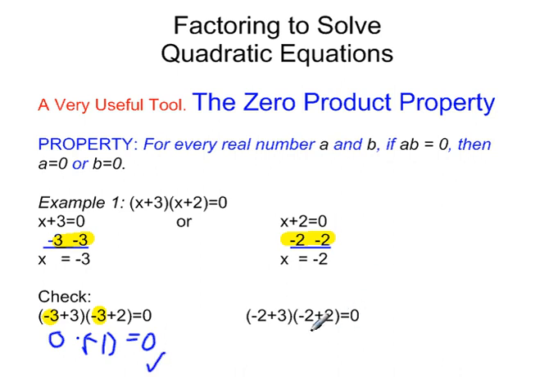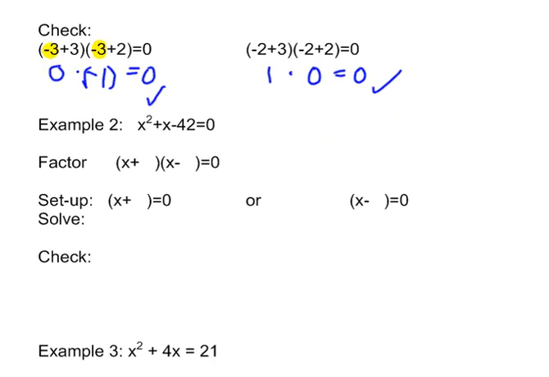And over here, negative 2 plus 3 equals a positive 1. We're going to times negative 2 plus 2 equals 0. Does 1 times 0 equal 0? Absolutely. Okay, let's move on down to example 2.